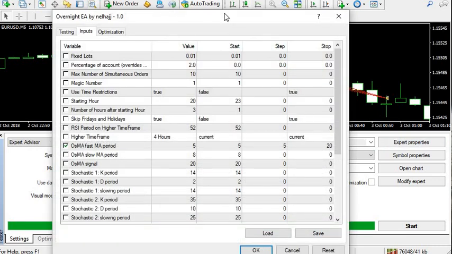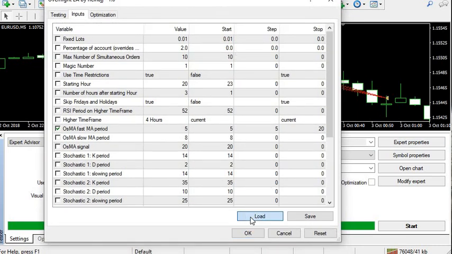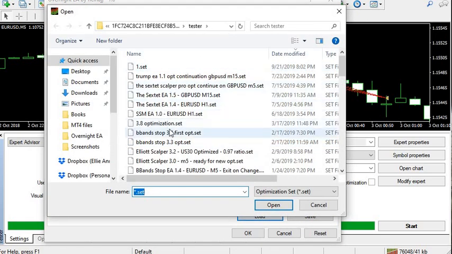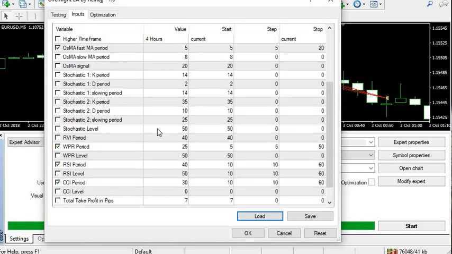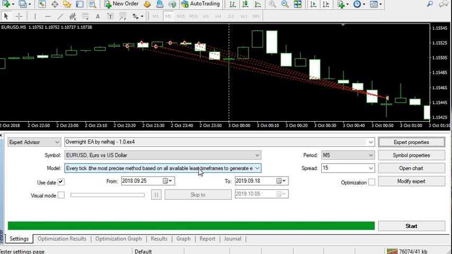When you go to Expert Advisor, you click on Load, and here you will see the setting files, or you have to browse and look for them, and you just double click on them, or click and click on open. Then the settings will be loaded. I will have settings for each currency pair. I'm trying to optimize them as fast as I can, and when you go to the thread, you can find the newest optimization settings.